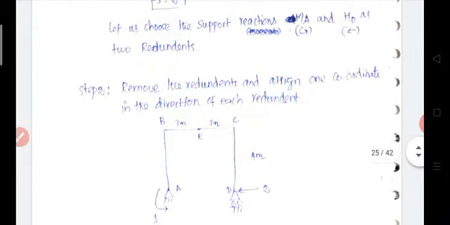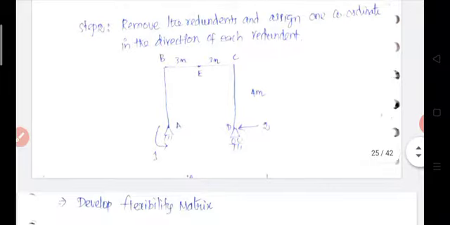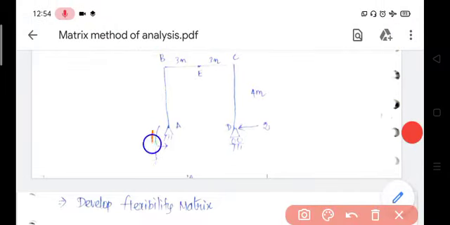Then step 2: remove the redundants and assign one coordinate in the direction of each redundant. At the fixed end we remove the redundant Ma. After removal of Ma it becomes a pin support, with coordinate 1 assigned.